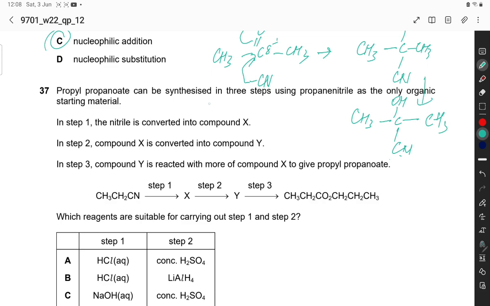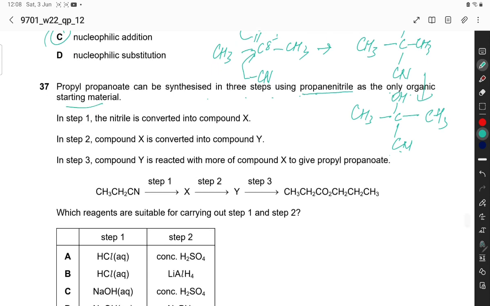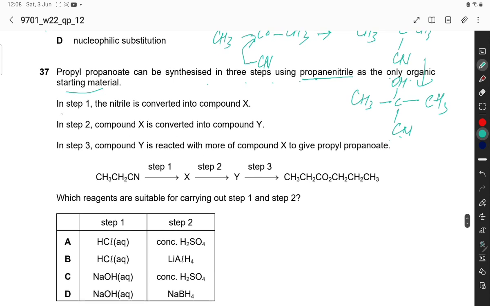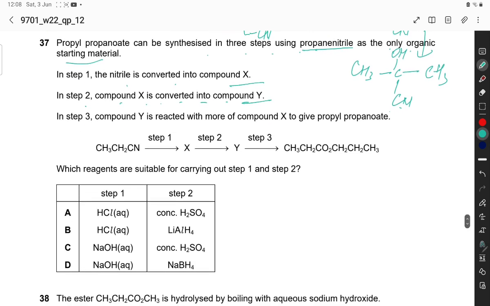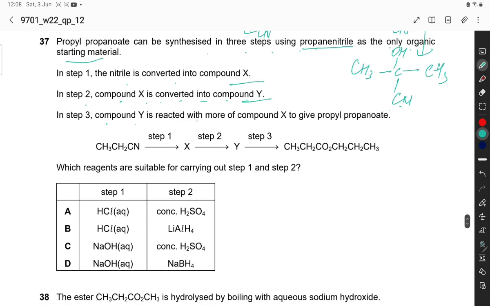Propyl propanoate can be synthesized in 3 steps using propenenitrile as the only organic starting material. In step 1, the nitrile is converted into compound X. In step 2, compound X is converted into compound Y. In step 3, compound Y is reacted with more of compound X to give propyl propanoate.